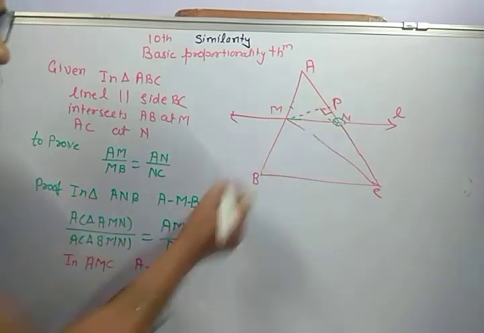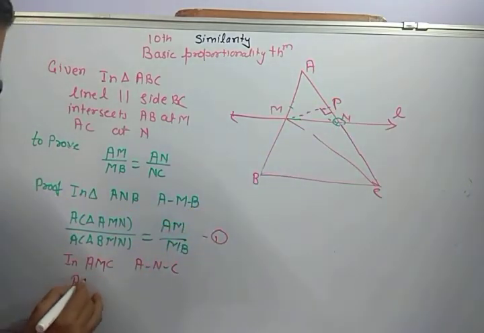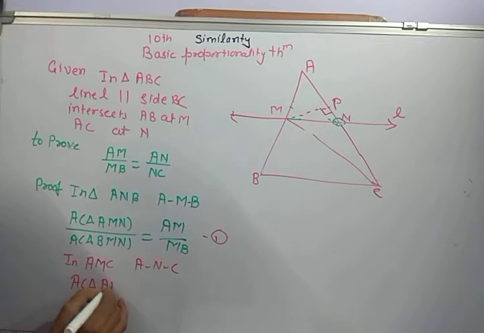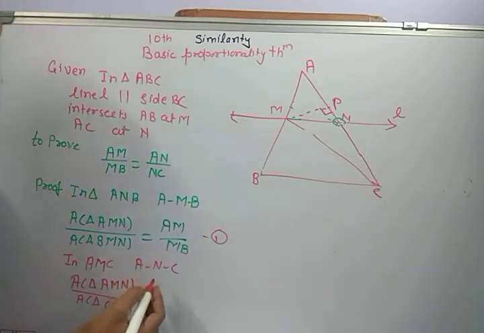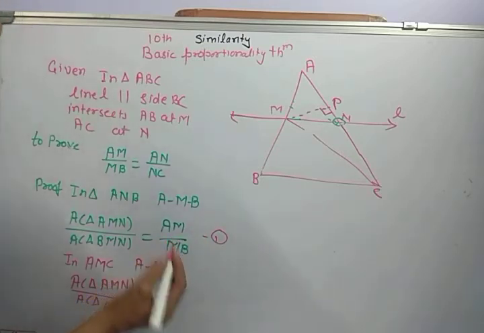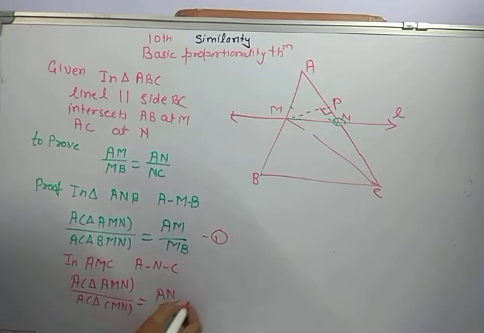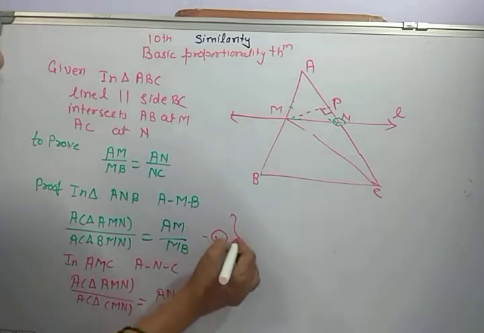It is common, and therefore area of triangle ANM upon area of triangle CMN is equal to, as the height is common, AN upon NC. This is equation 2, and both have the same reason.